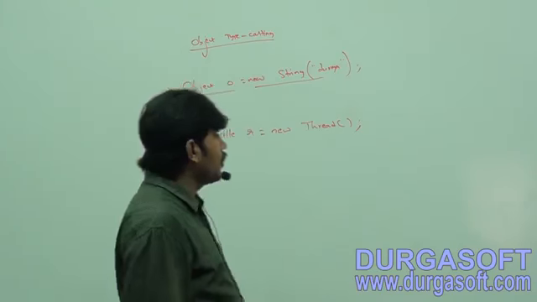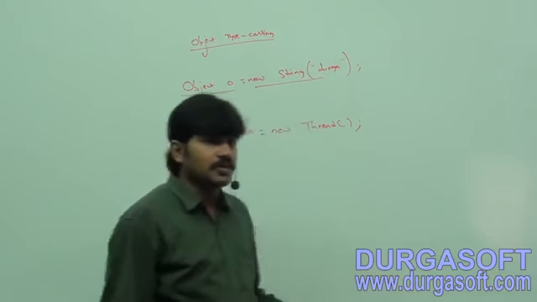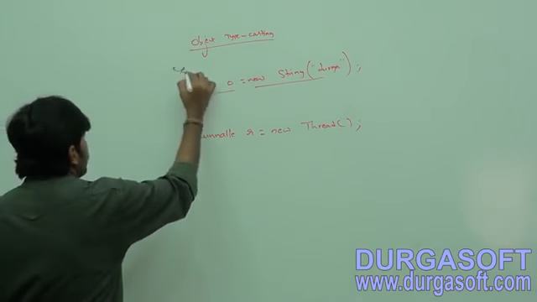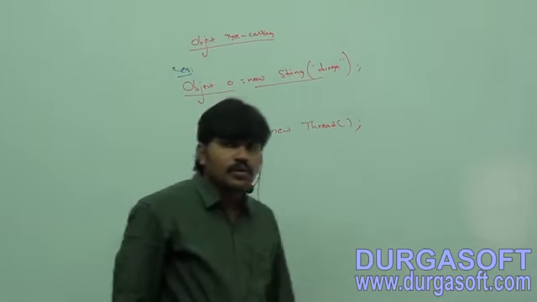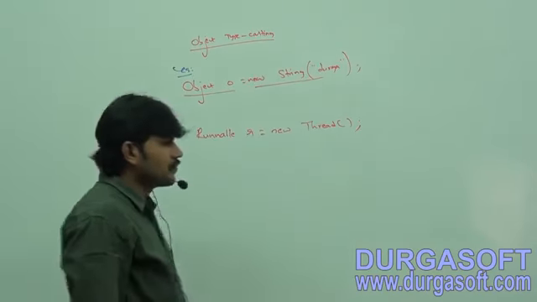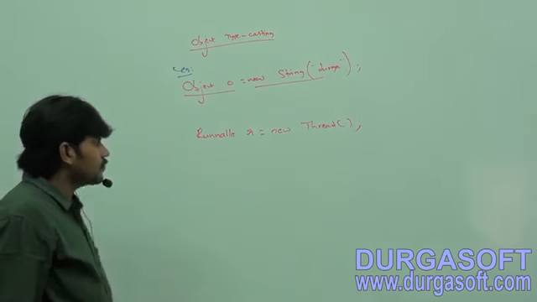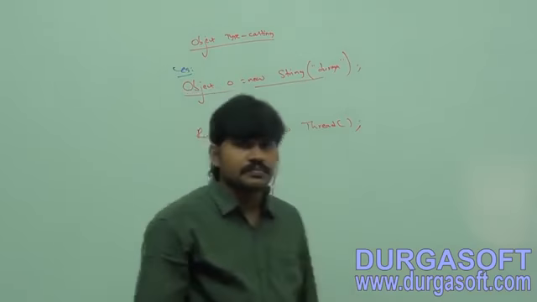Example: Object o = new String("Durga"). Valid.